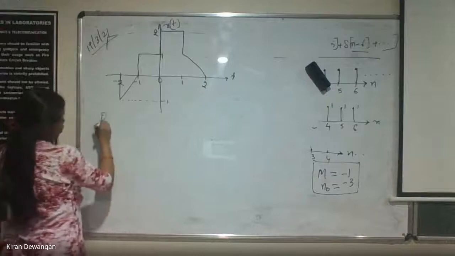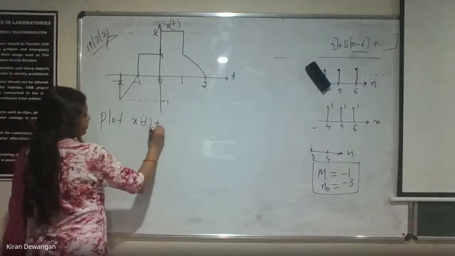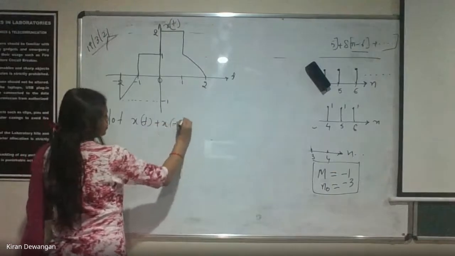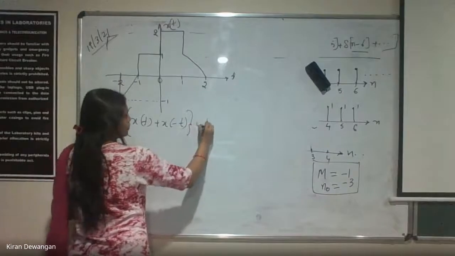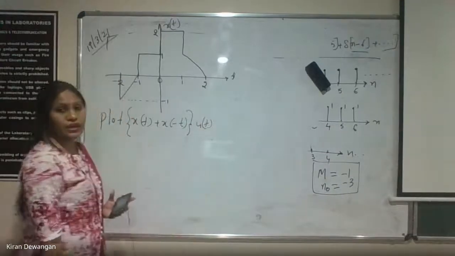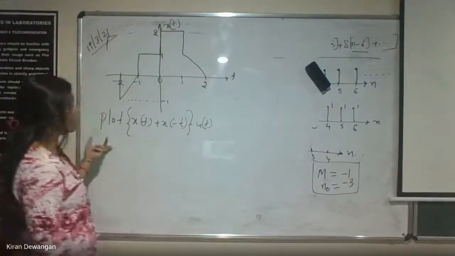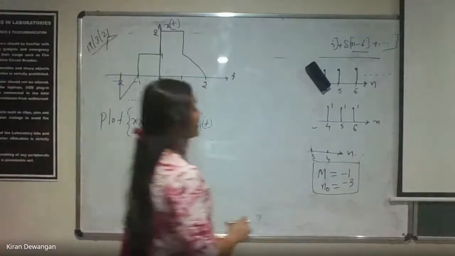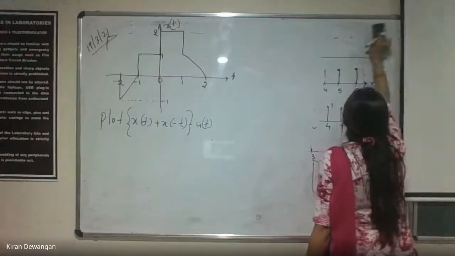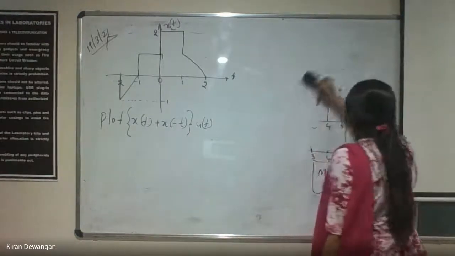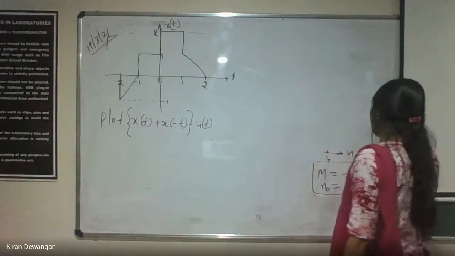We'll have to plot x of t plus x of minus t into ut. Now with this one, can we plot x of minus t? X of minus t, how can we plot x of minus t? It is just a reversal of xt, meaning time reversal has to be applied.